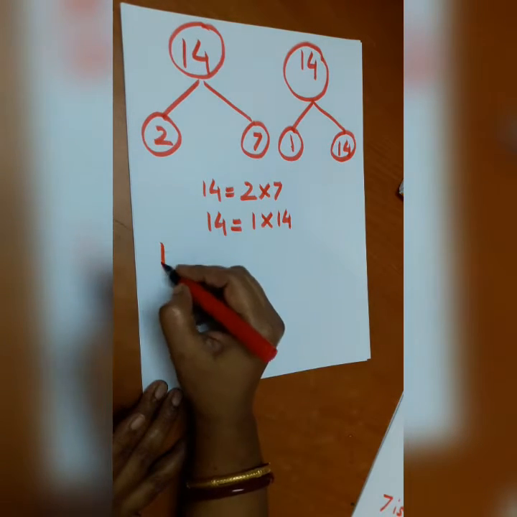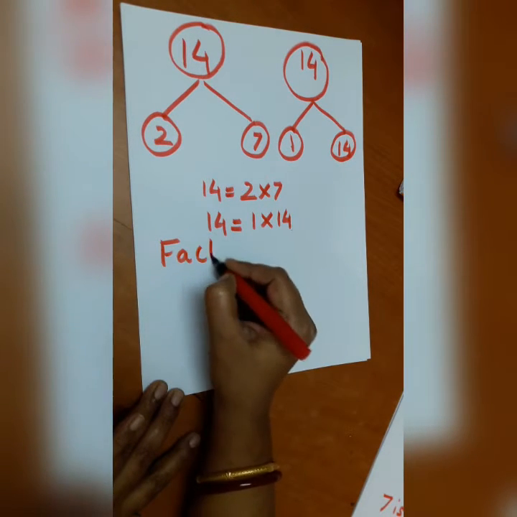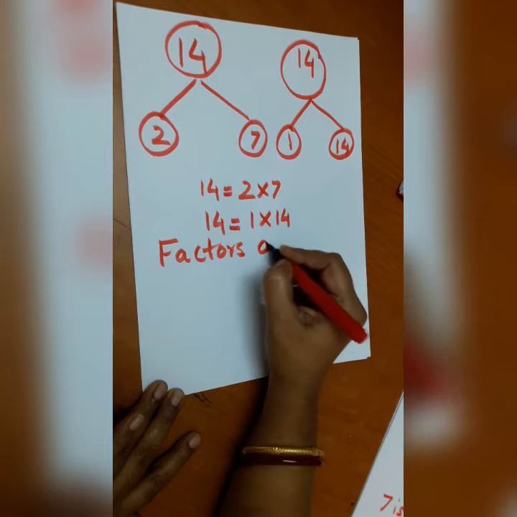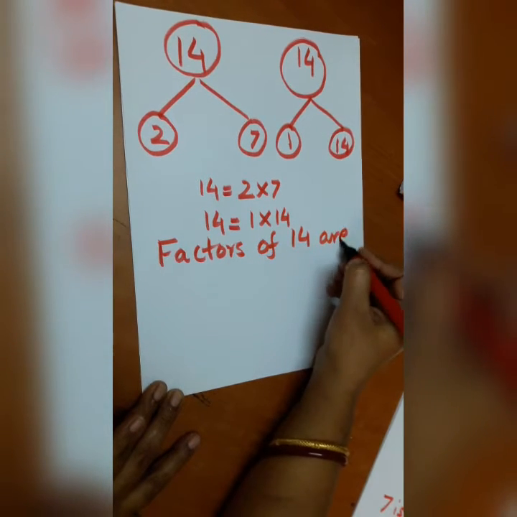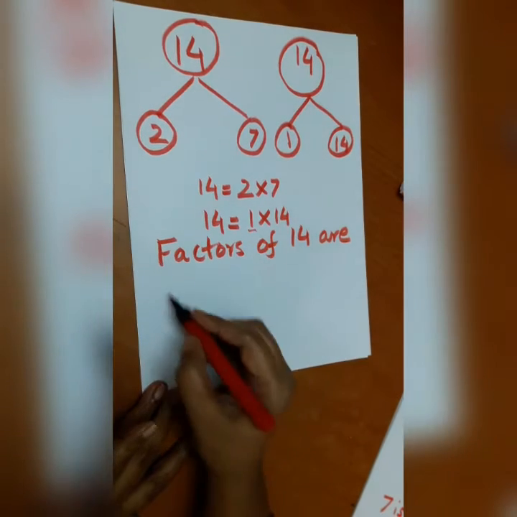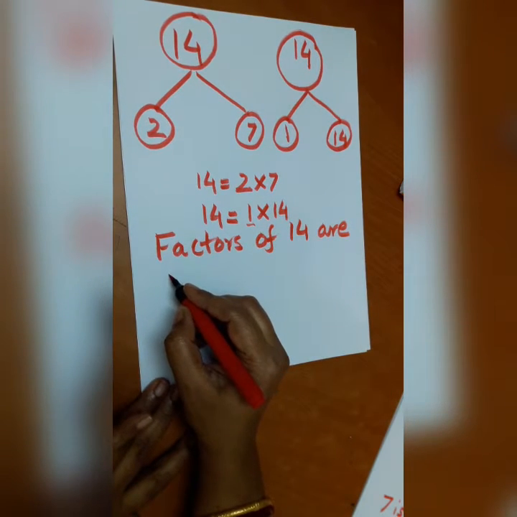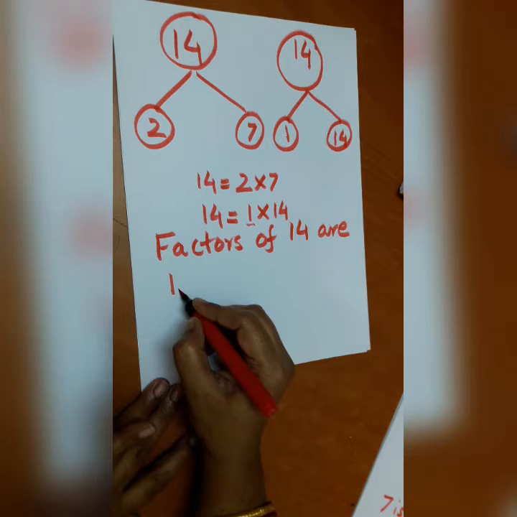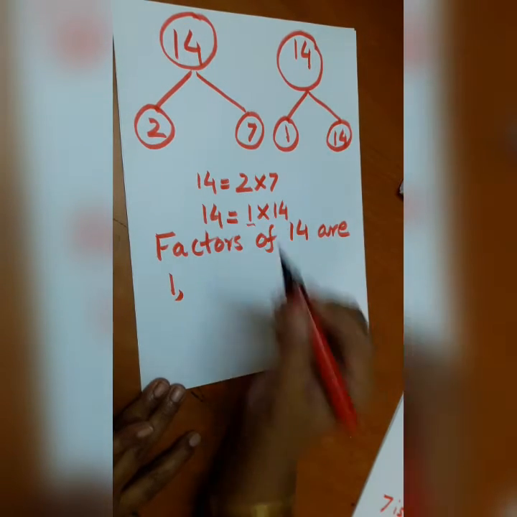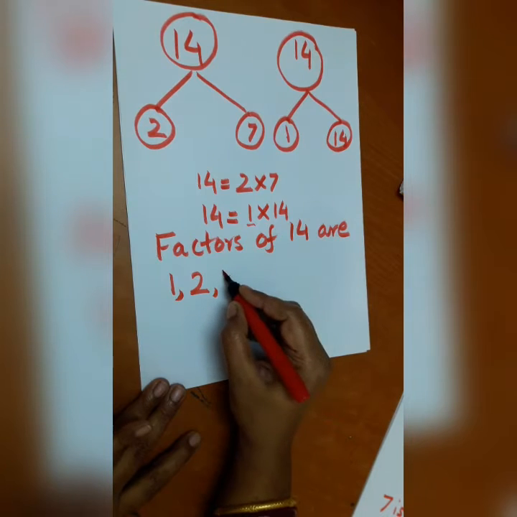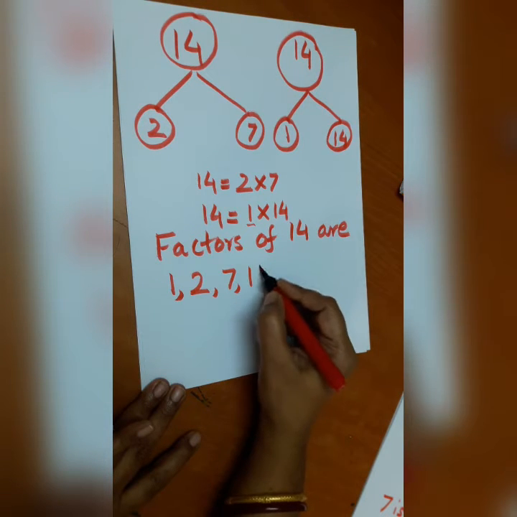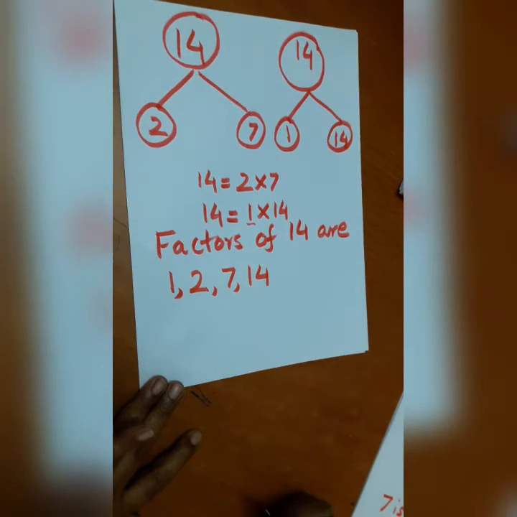Now factors of 14 are, we will list it. First of all, 1 is also a factor. 1 is a factor of every number actually. So 1 is there, then we see 2 is there, then we see 7 is there, and of course the number itself, that is 14, is there.